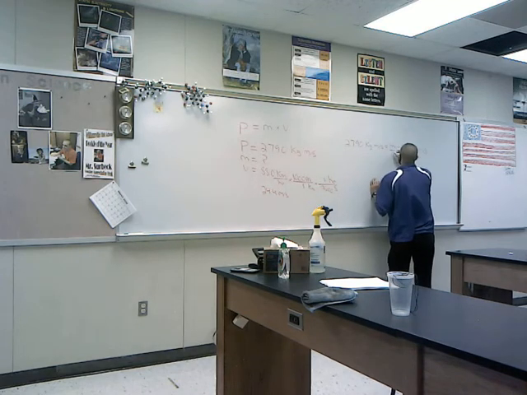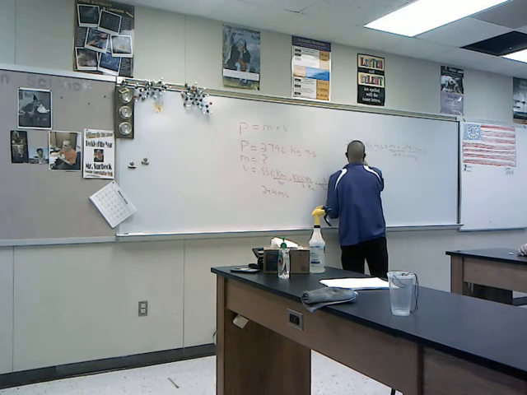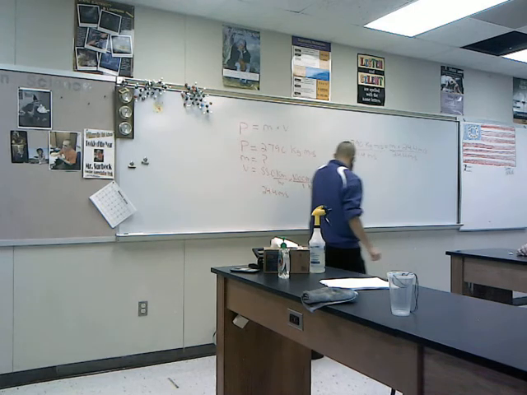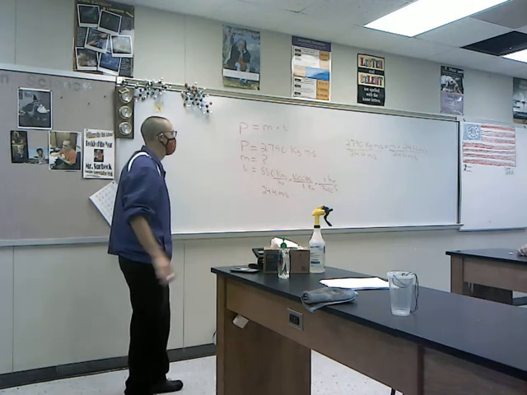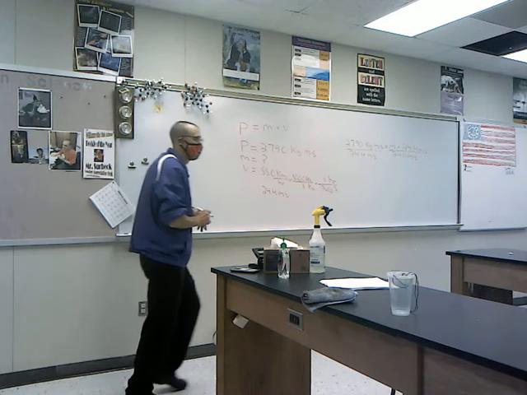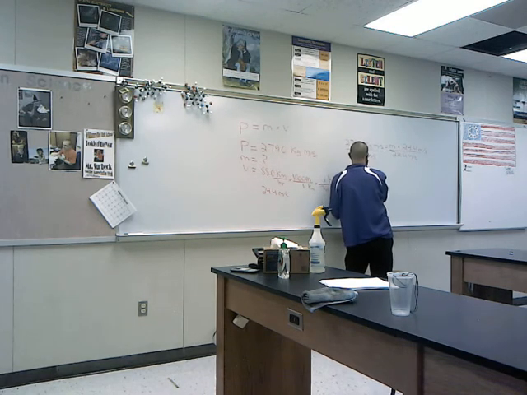Divide by 24.4. So in your calculators, all you need to do is take 2,790 divided by 24.4. Is anybody still calculating? What do we get when we do this calculation? 114.34. Yep, and I'm going to just round that to 114.